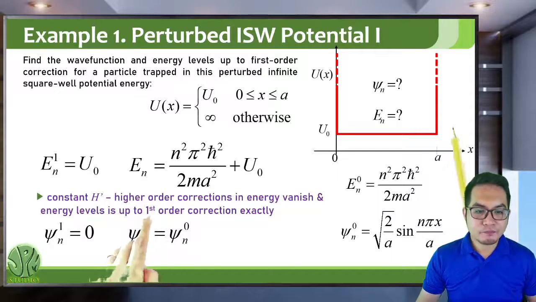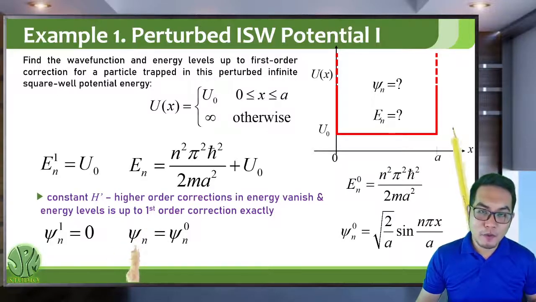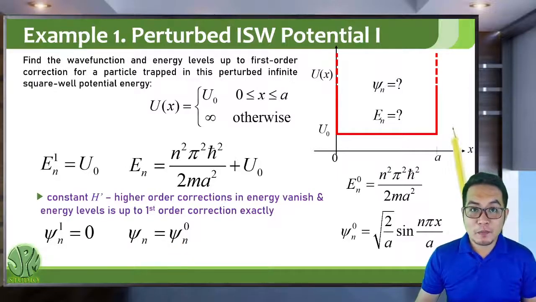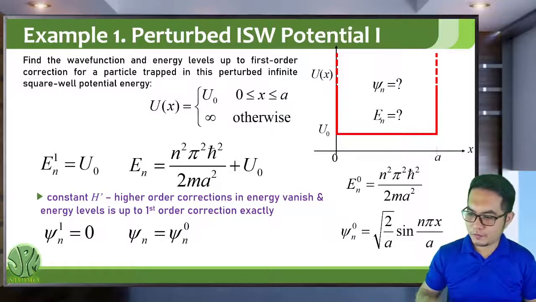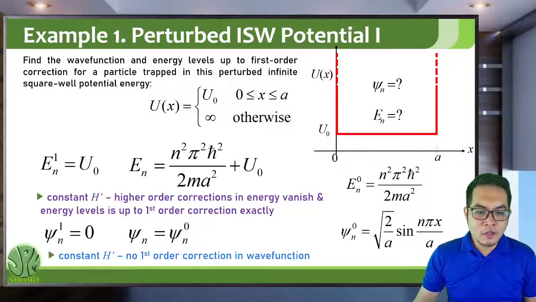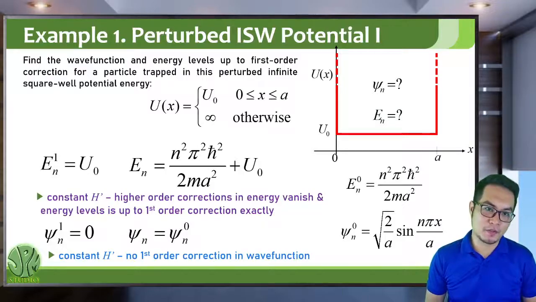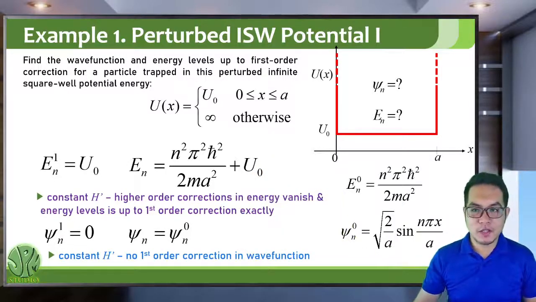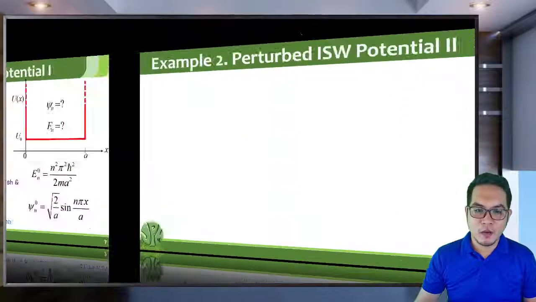So the wave function of the perturbed system is exactly the unperturbed wave function ψ_n^(0). That's the property if your perturbation is constant. There's no first order correction in the wave function, and your energy levels are only up to the first order correction. Okay, next example.